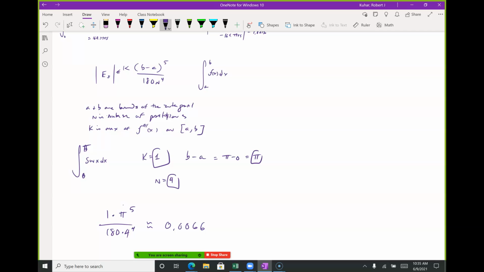So is that bigger than the error I got? Is that greater than or equal to 0.0046? Is 66 cents bigger than 46 cents? Yes. So my error estimate works.